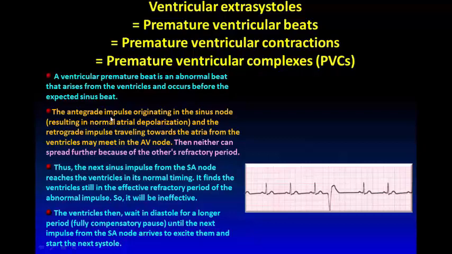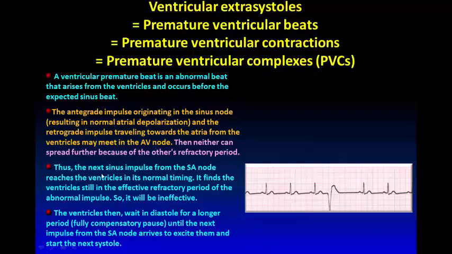The antegrade impulse, which originates in the sinoatrial node in its normal timing and results in normal atrial depolarization, and the retrograde impulse, which travels from an ectopic focus in the ventricles towards the atria, meet in the AV node. Then neither of the impulses can spread further because of the other's refractory period.